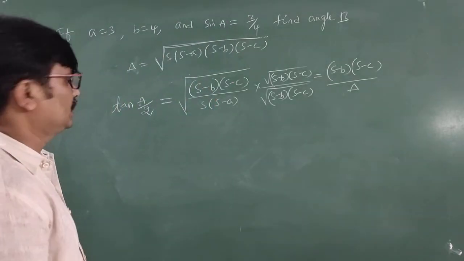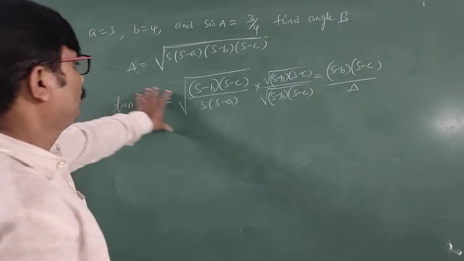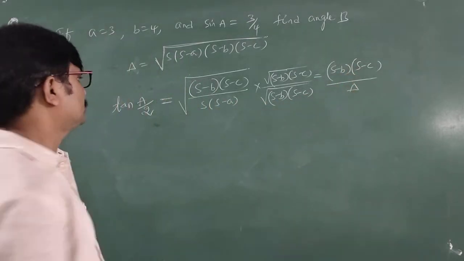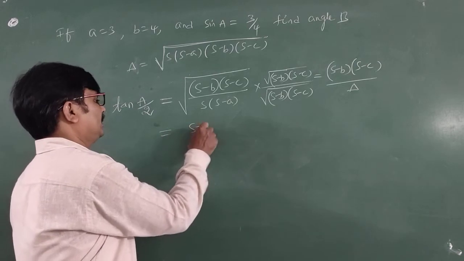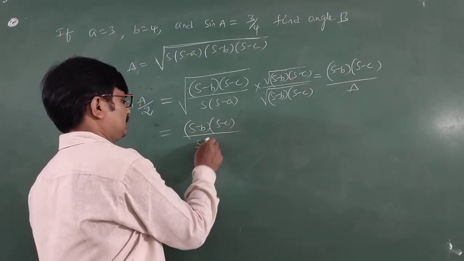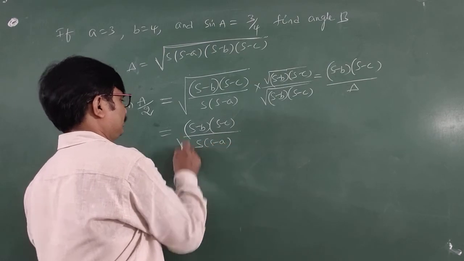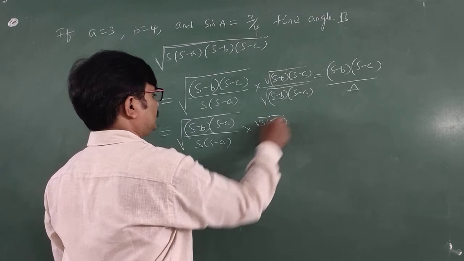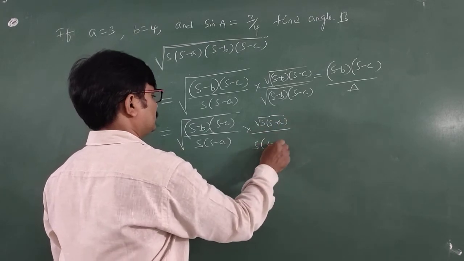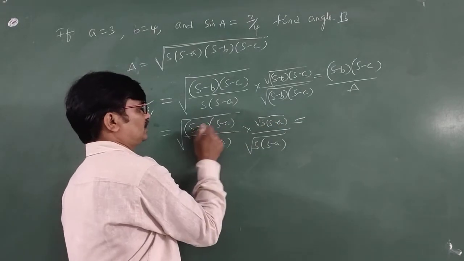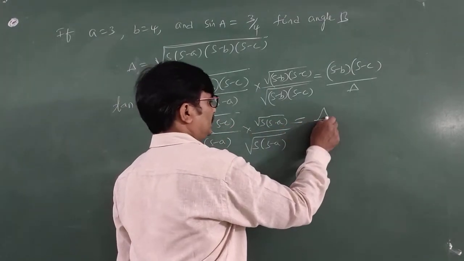My dear students, the tan A by 2 we can also write as S minus B into S minus C by delta. Suppose we multiply the numerator and the denominator with S into S minus A. So this is S into S minus A, S minus B, S minus C, delta.